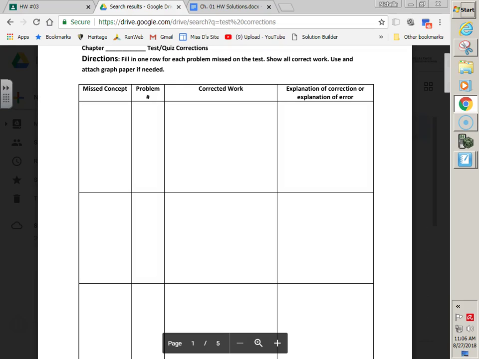So that's why it says explanation of correction or of error. Error is if you tried it and something went wrong, right? Correction is what if it was an I don't know and you guessed. What didn't click in the moment that would have led you to the right answer, or at least you're trying. So if it's ever a problem that you didn't even know how to try and you just totally guessed on, don't just say, I guessed, I don't know, I don't get anything.